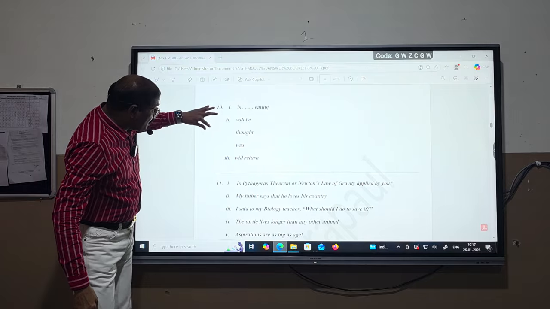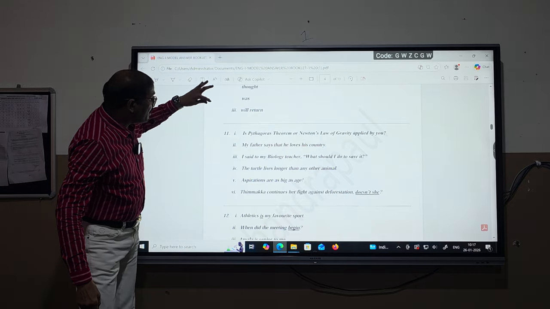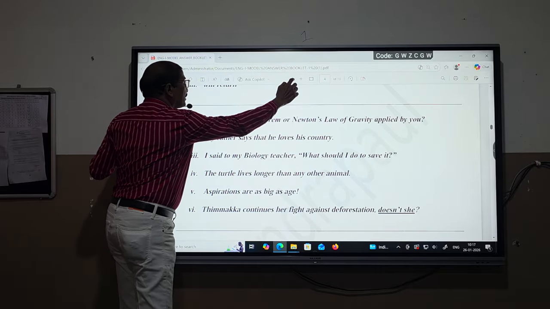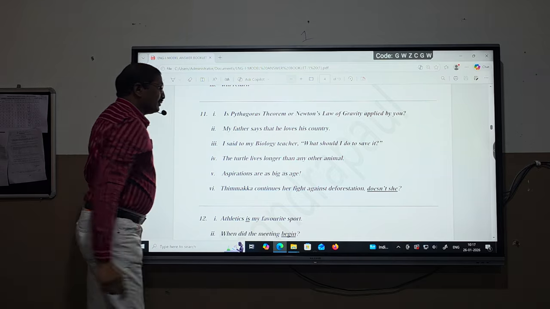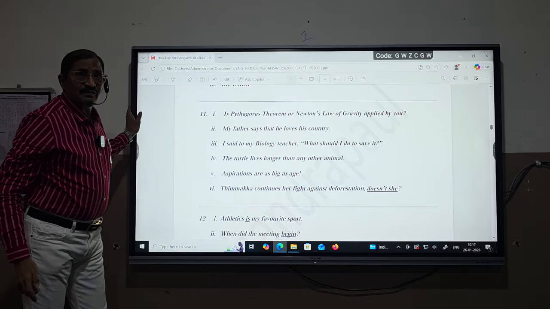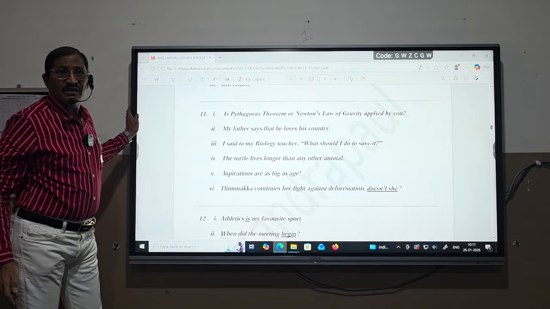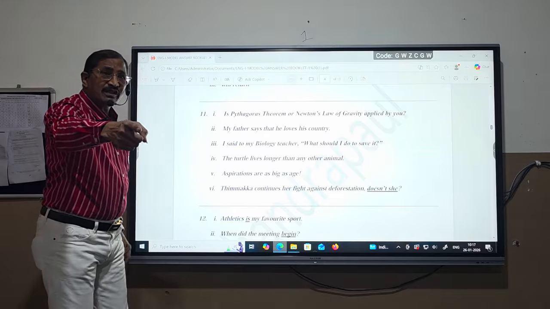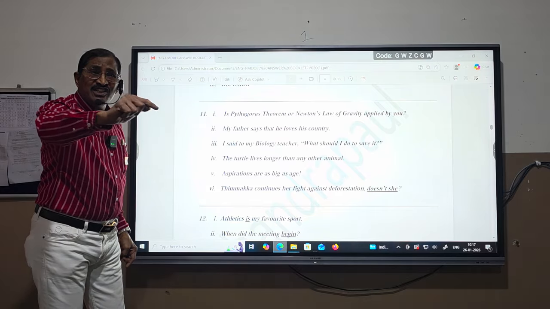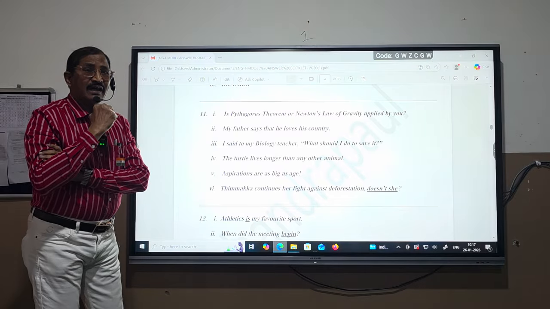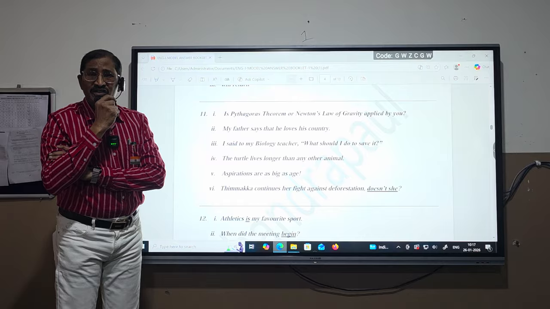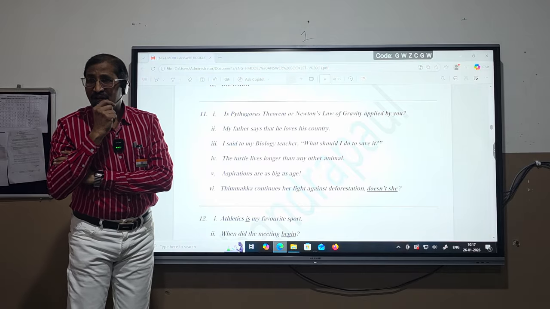And the next question is going to be very crucial, my dear. What is that one? Different questions are there. Six questions are given. The first question is, and if you are opening the model question paper, read the caution over there: Rewrite according to the instructions given in the bracket.